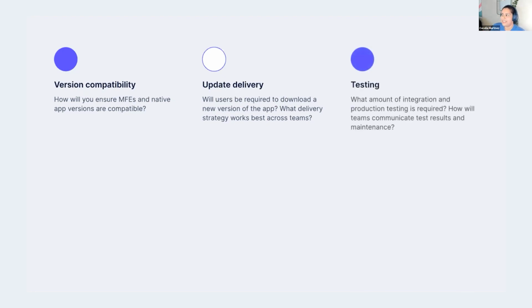All right, and then testing. What amount of integration and production testing is required? When we talk about integration testing, this is testing that is done before deployment, and then testing in production is obviously testing in production on actual devices. Those could be internal devices, they could be beta users, they could be actual production users.